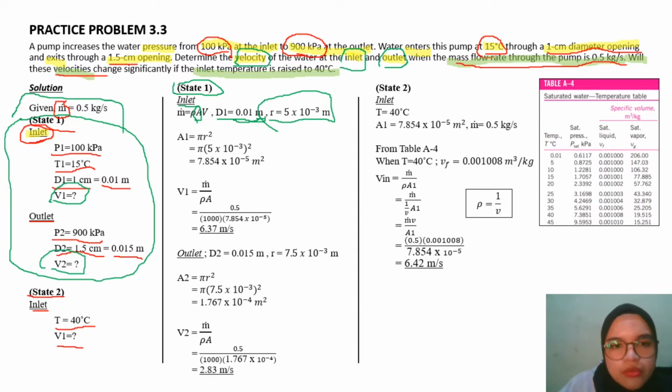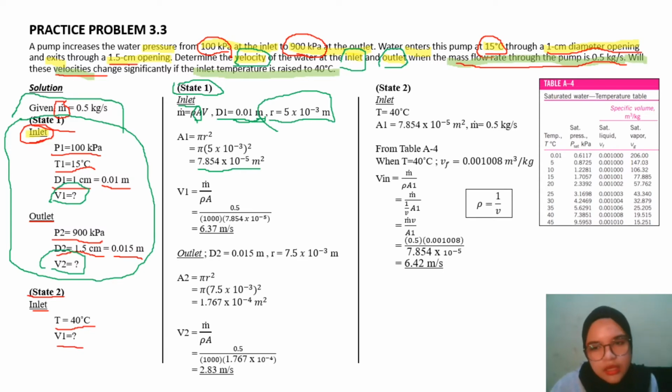So we proceed to the calculation. We put the number into the formula, and we get the area is 7.854 multiplied by 10 power of -5 meter squared.